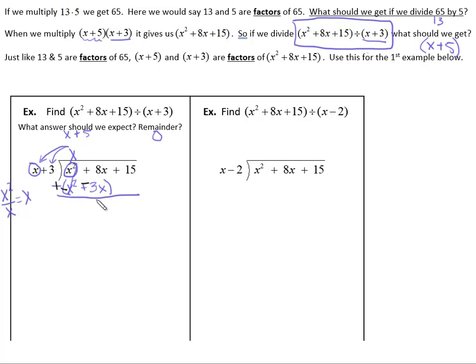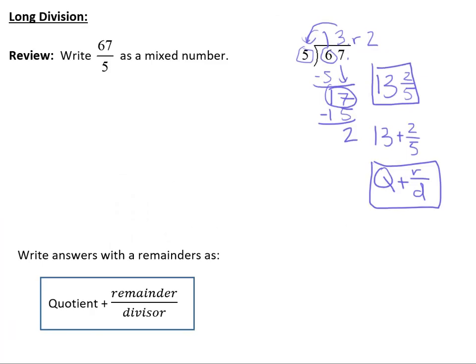We end up here with positive 5x. And then we're going to drop down the rest of our polynomial, plus 15. If we go back here, it's just like when we subtracted, we got the 1, we dropped down our 7, and now we basically start over again.